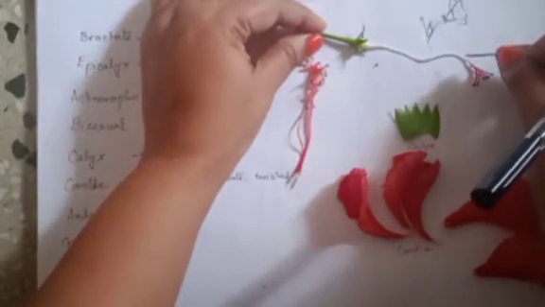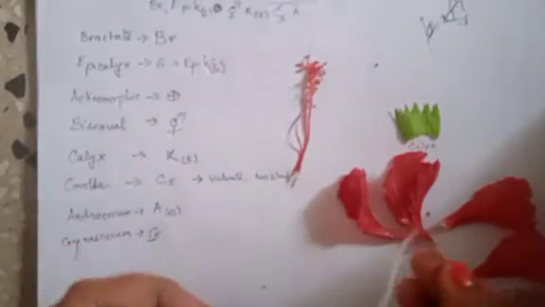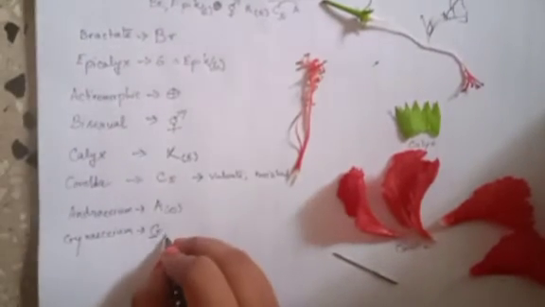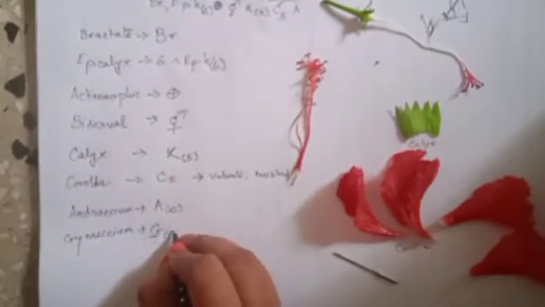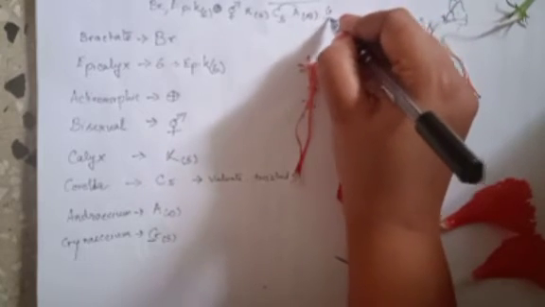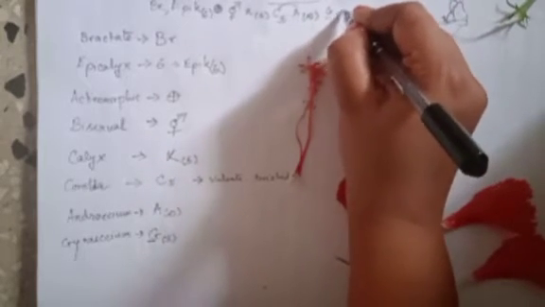See, 5 stigma that is present here. There are 5 in number. So this is a stigma. So 5 stigma that is present, so that is again fused. So in the bracket, I can always write that androecium is infinite and superior ovary I have 5 fused.